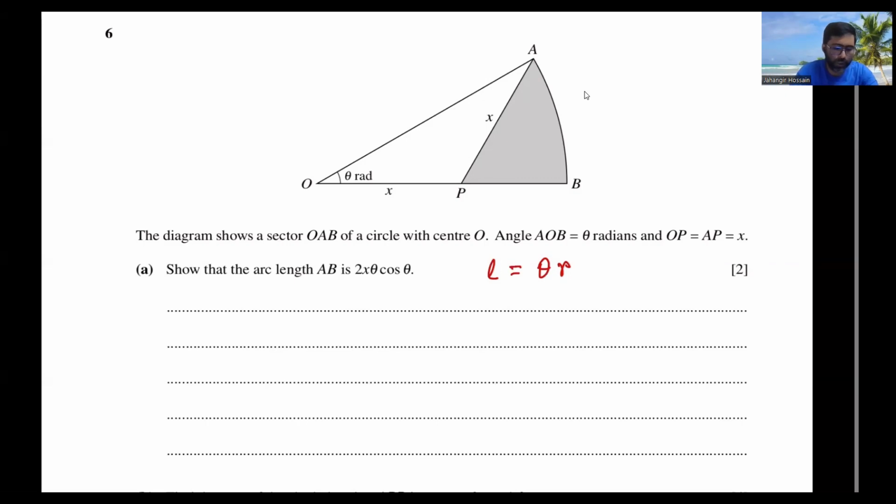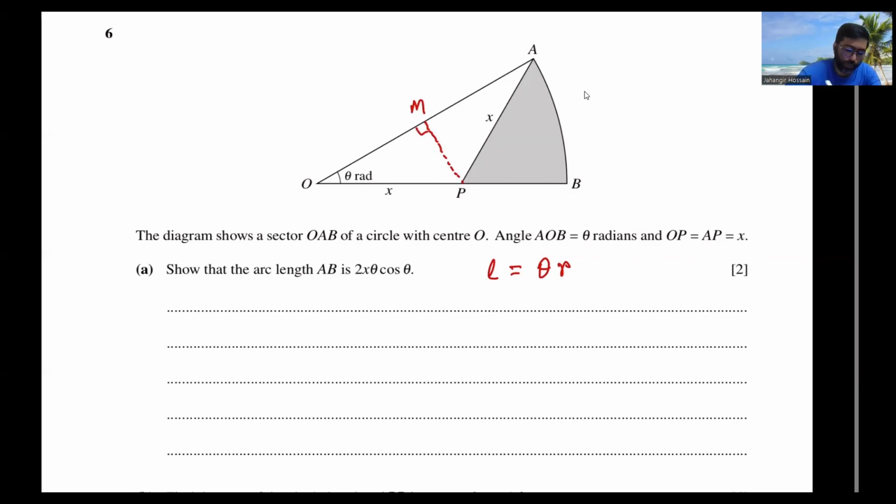So if you consider the triangle OAP, you can find OA in various ways. The most common one is using cosine rule, and the shortest one, since it is an isosceles triangle, is to draw a perpendicular from P onto OA, which will bisect it.